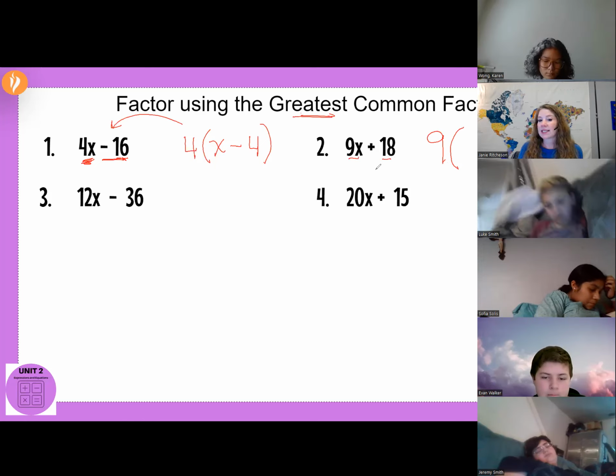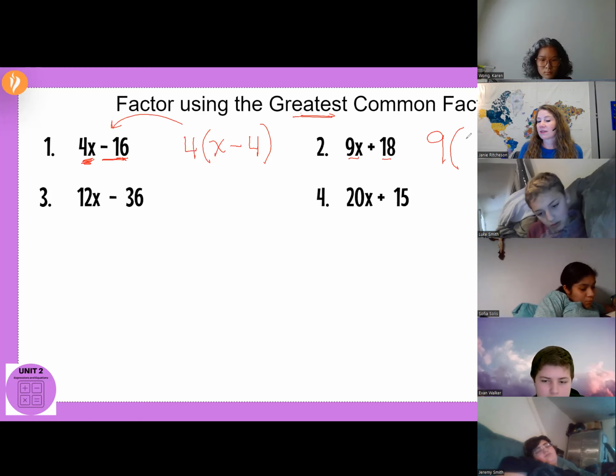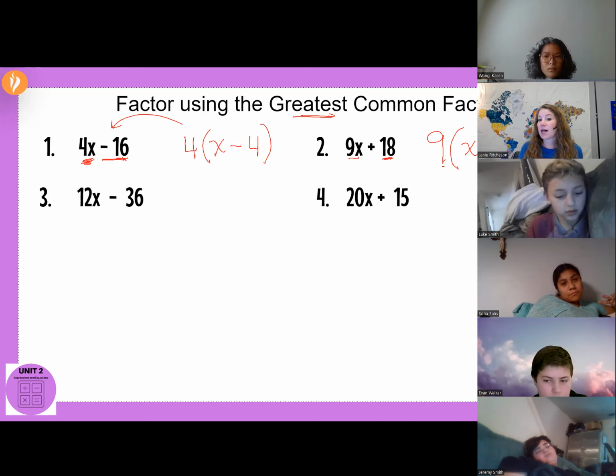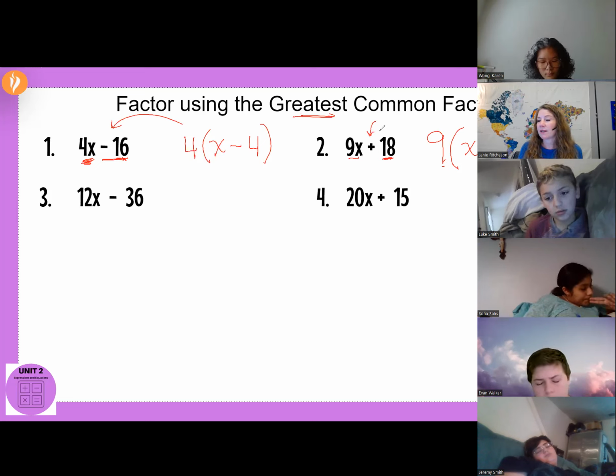So what's 9x divided by 9? X, good. What's 18 divided by 9? Positive 2, right? Positive 2, because I see a positive right there.